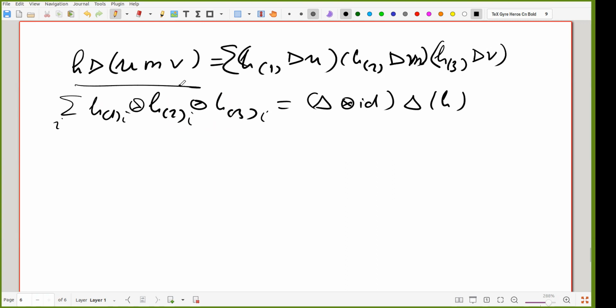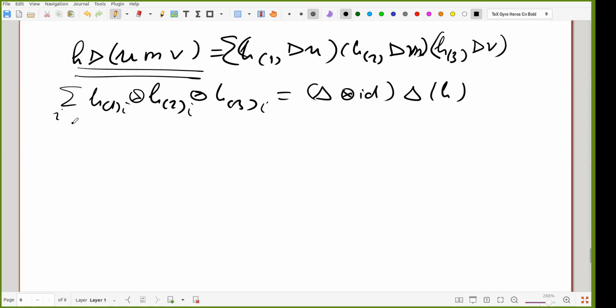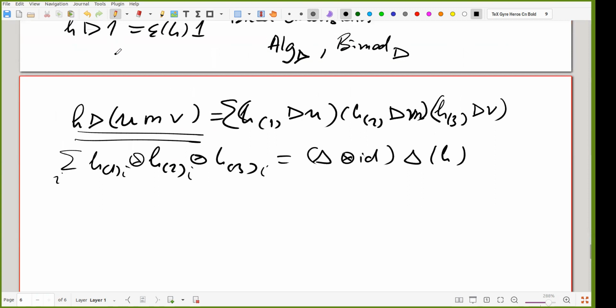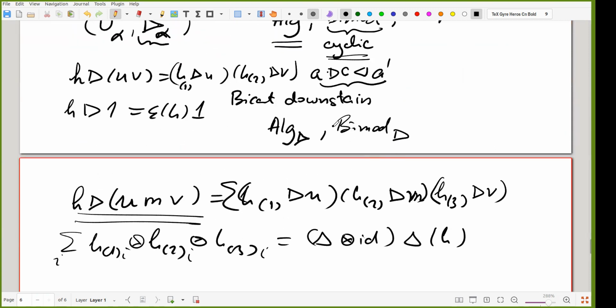So this I will call bimodule measurings, and of course there will be again cyclic ones, and morphisms of such.